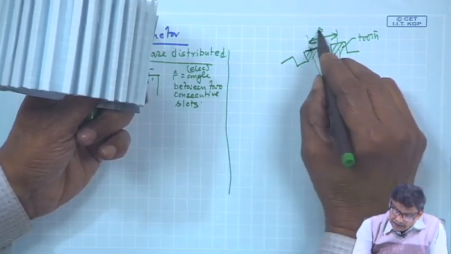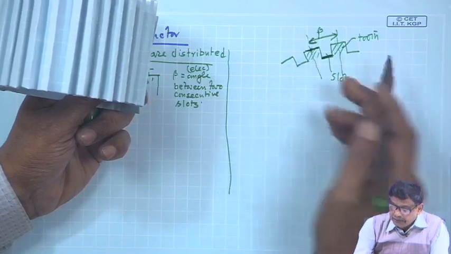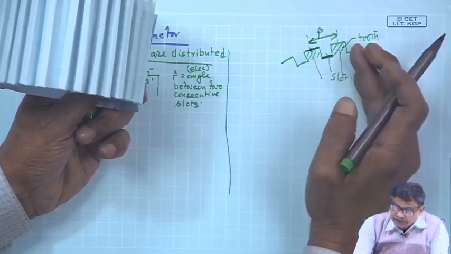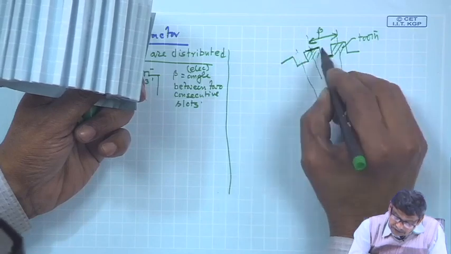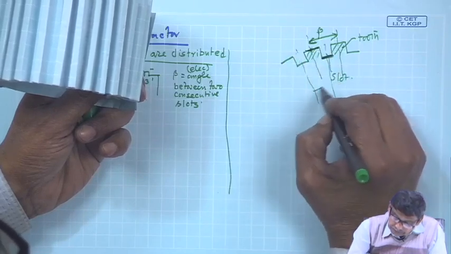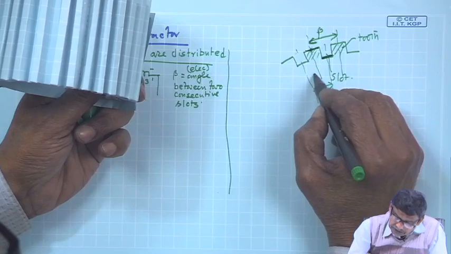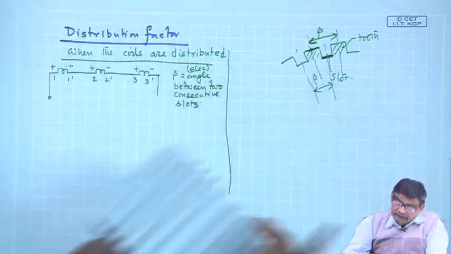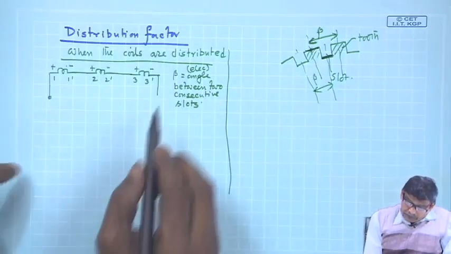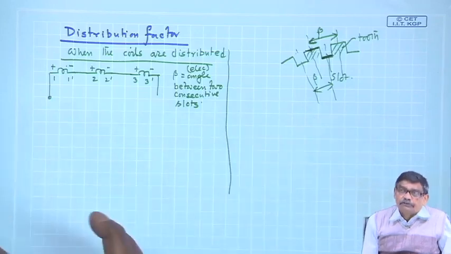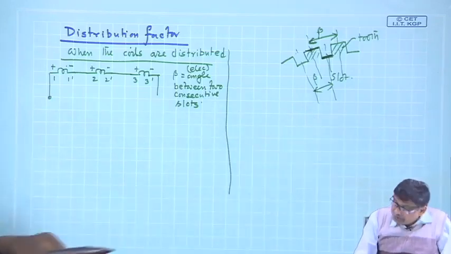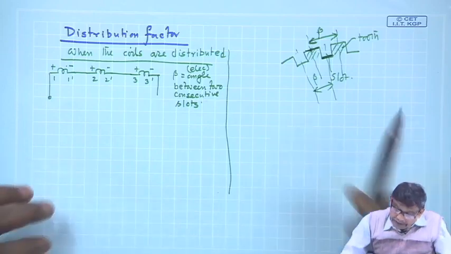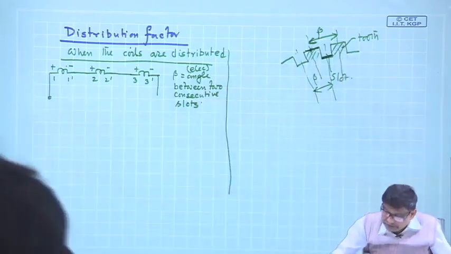So, when I say the angle between 2 consecutive slots is beta, I mean this or this, they are one and the same thing. Okay. So, beta is the angle between 2 consecutive slots, and suppose I have distributed my coils in 3 consecutive slots.